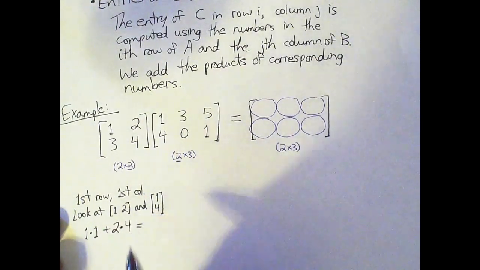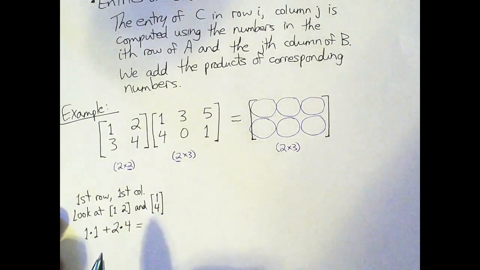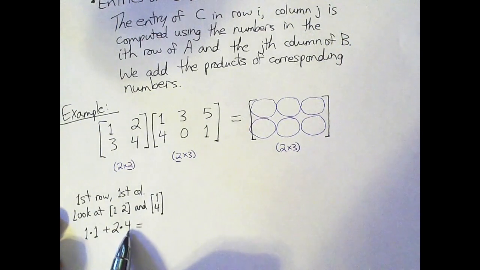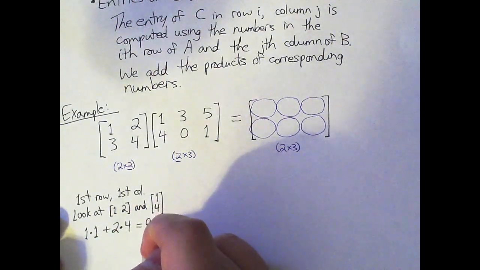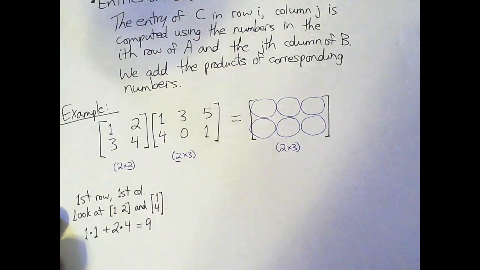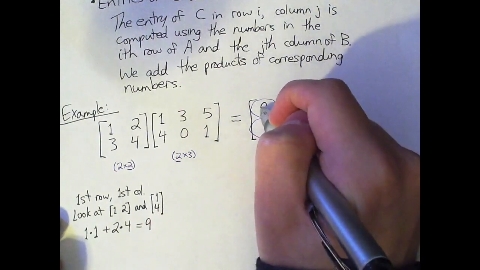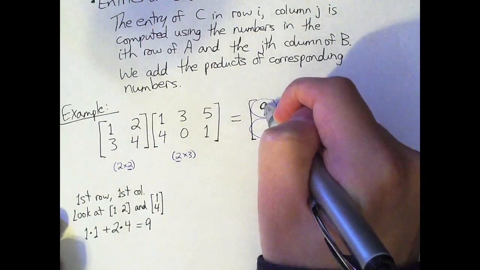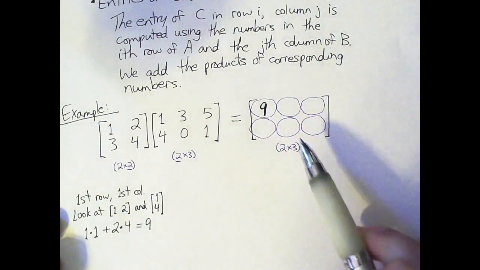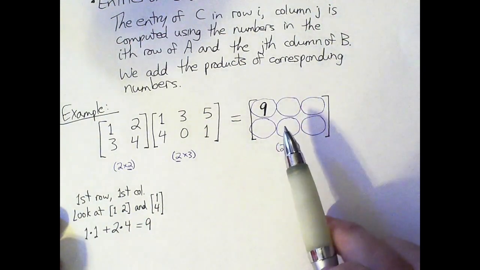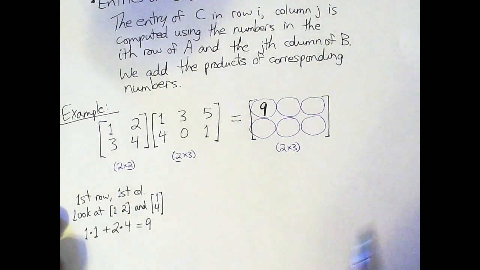First entry times first entry, second entry times second entry. This is 1 plus 8, so this is 9. And that 9 is the number that goes in this spot here. So we just figured out one of the entries in the product, and we need to do this for the other 5.